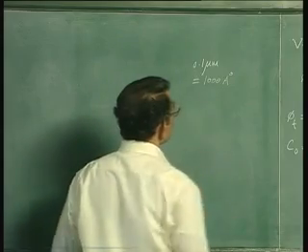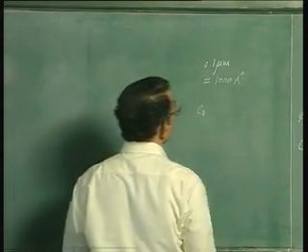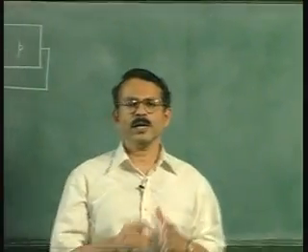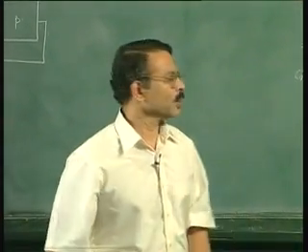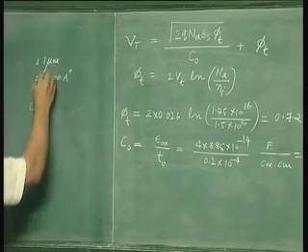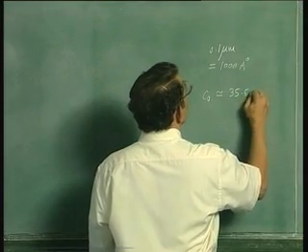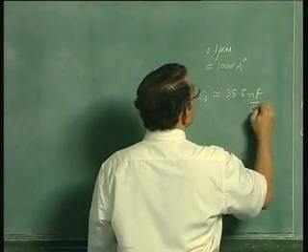So for this 1000 angstrom oxide thickness, your C naught would be double the value that you obtained for 0.2 microns, because the capacitance is inversely proportional to the oxide thickness. So for this, C naught is approximately 35.5 nanofarad per centimeter square.